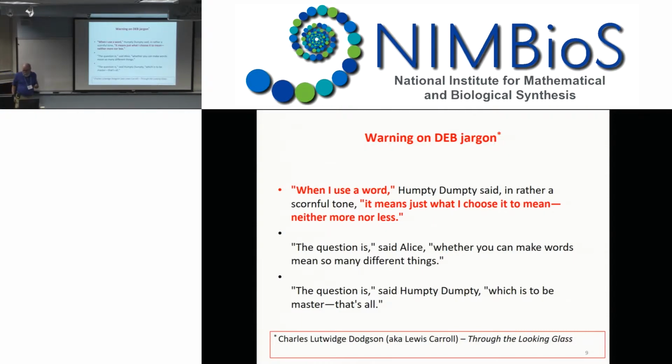And I like to illustrate this with a quotation from Through the Looking Glass. Appropriate to do it at Nimbus because the author, known to us as Lewis Carroll, was actually a very impressive Victorian-era mathematician. But in this, Humpty Dumpty says, when I use a word, it means just what I choose it to mean, neither more nor less.